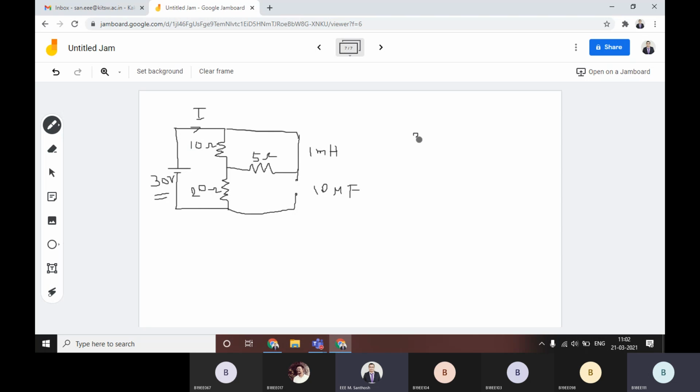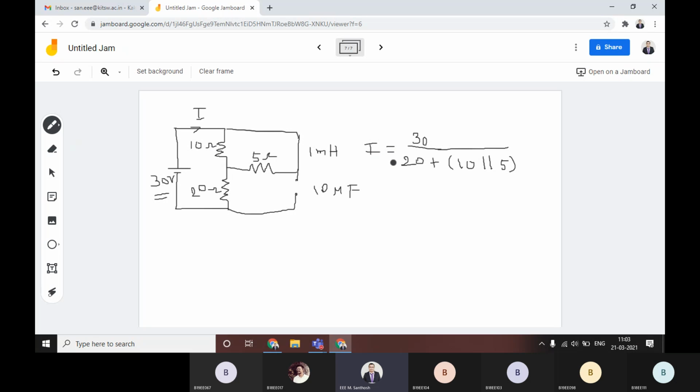Very good. The equivalent resistance is 10 and 5, both in parallel, and that combination is in series with 20. That means 20 plus the combination of 10 in parallel with 5. That will give you the value of I.